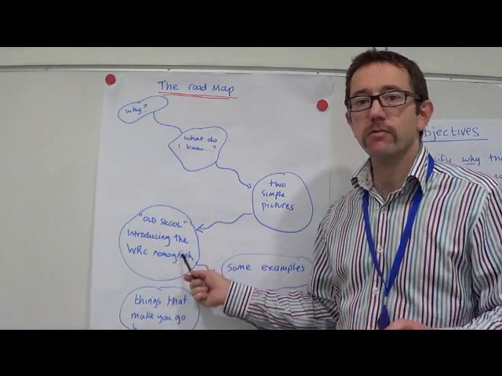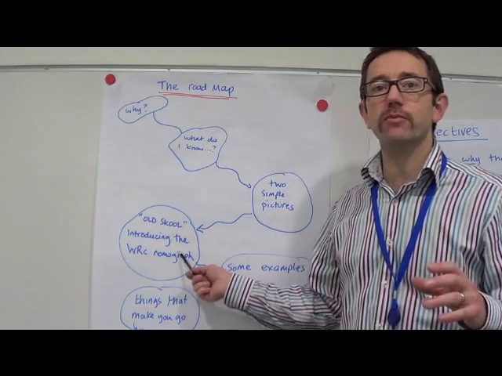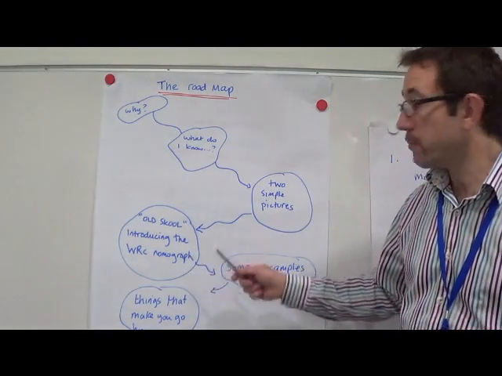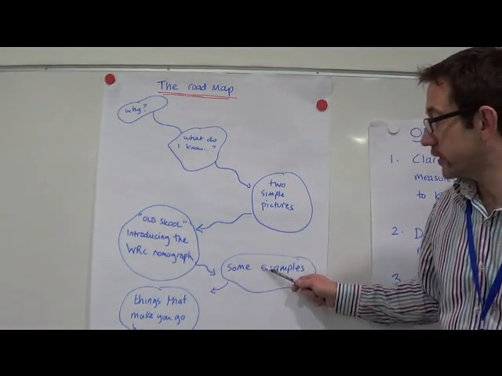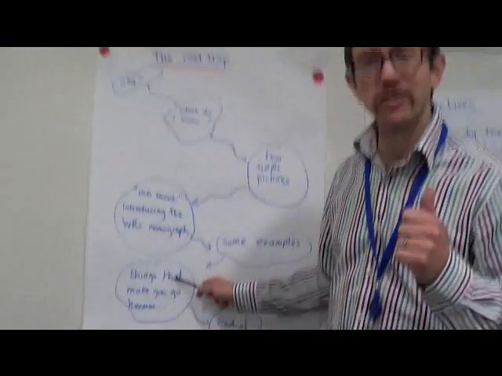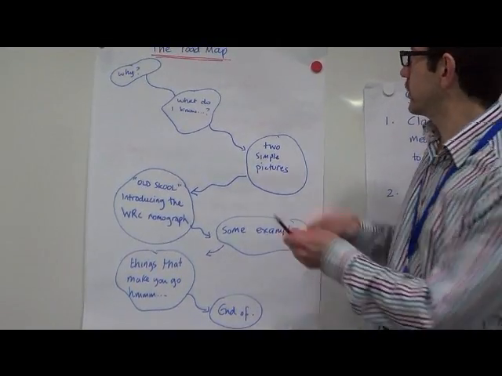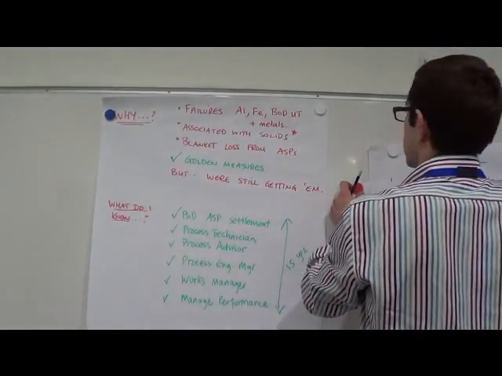I'm going to go back to the old school by talking about the WRC nomograph, which is a fairly old-fashioned way of doing some activated sludge settlement stuff, but it works really well. I'm going to do some worked examples, things that I come across that make me think I'm not quite sure whether folk really get this, and then end it. Okay?